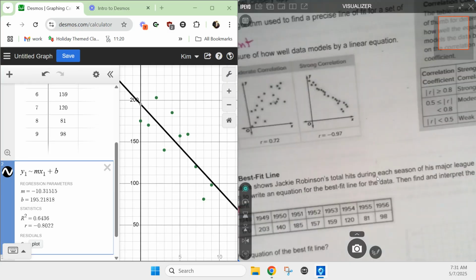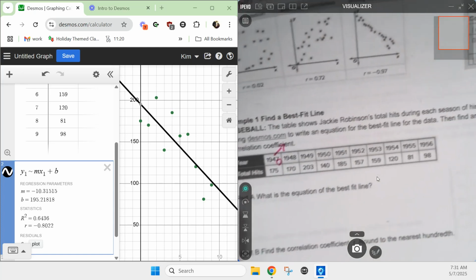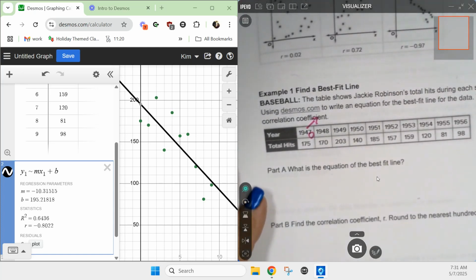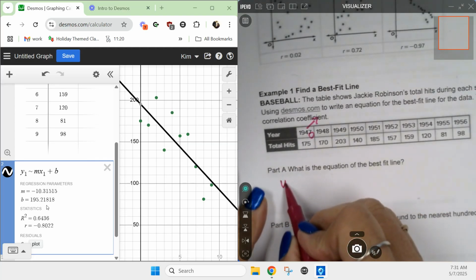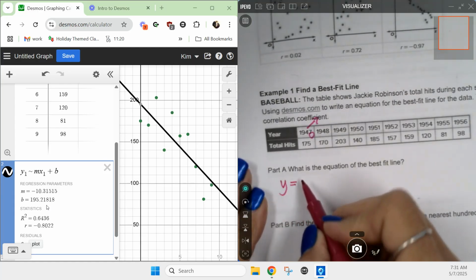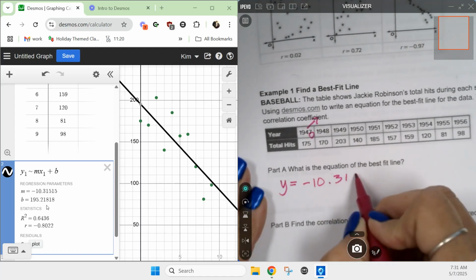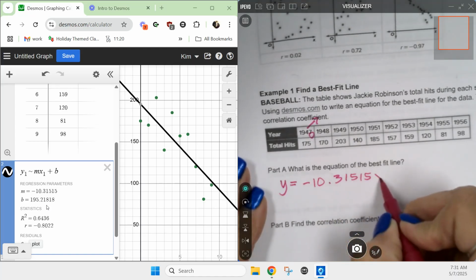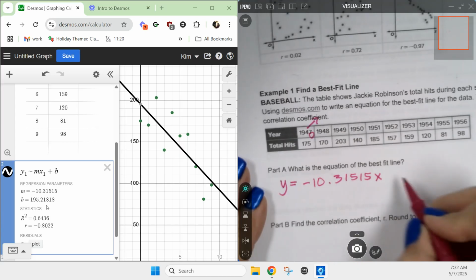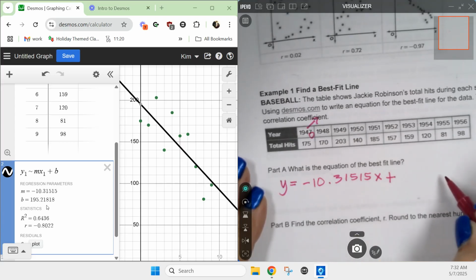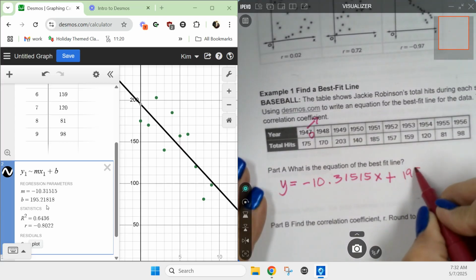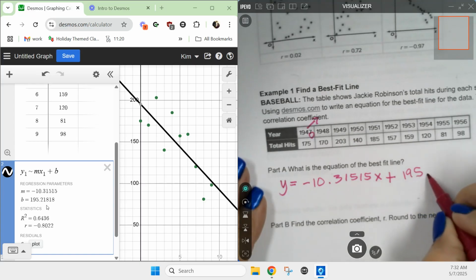Oh, okay, there we go. That'll work. So right here, what's my equation of the line? Well, I have M is this and B is this. So I write over here, y equals my M value, which is -10.31515 x, and then plus 195.21818.